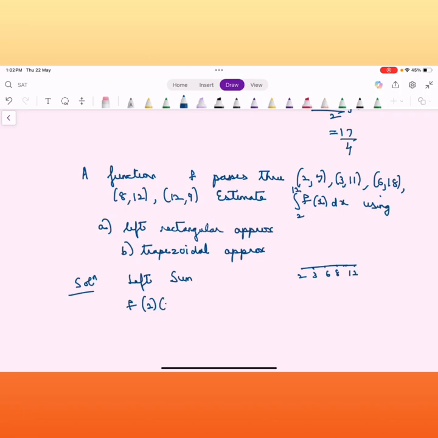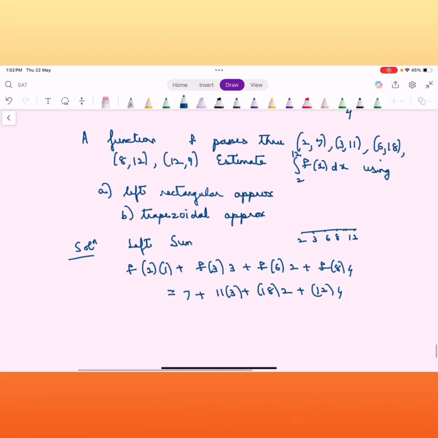So f of 2 into 1 plus f of 3 into the width is 3 plus f of 6 into the width is 2 plus f of 8 into the width is 4. f of 2 is 7, so 7, f of 3 is 11, so 11 into 3, f of 6 is 18 into 2, and f of 8 is 12 into 4. So substituting, you will get the answer.